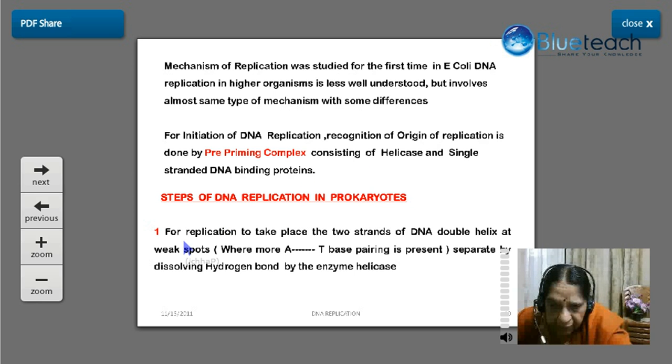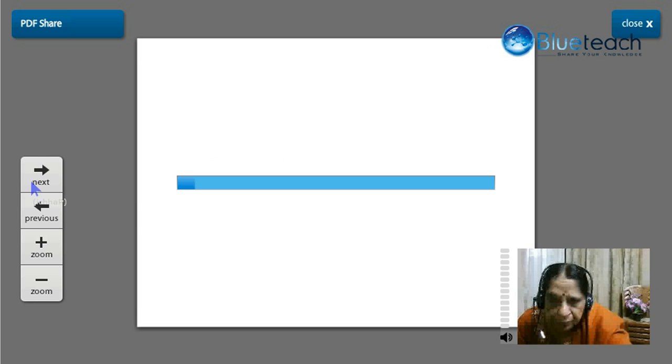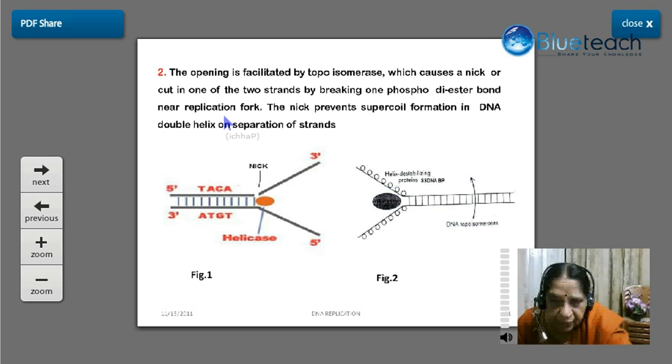For replication to take place, the two strands of DNA double helix separate at weak spots where there is more adenine-thymine base pairing, dissolving hydrogen bonds by the enzyme helicase. The opening is facilitated by topoisomerase, which creates a nick or cut in one of the two strands by breaking one phosphodiester bond near replication fork.